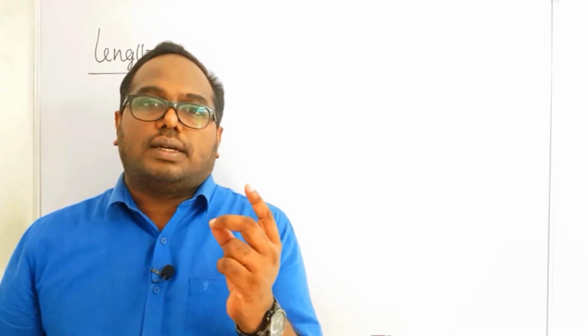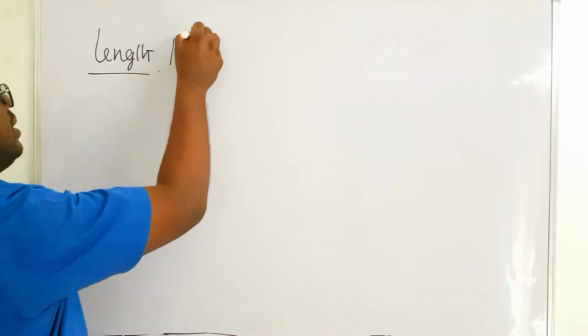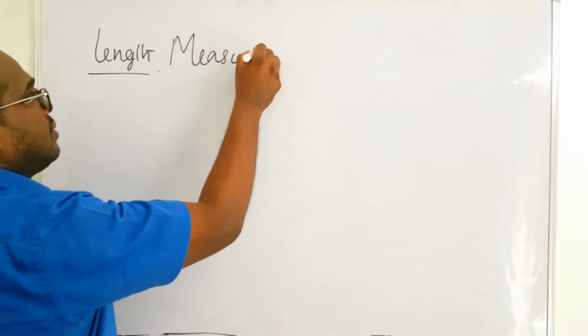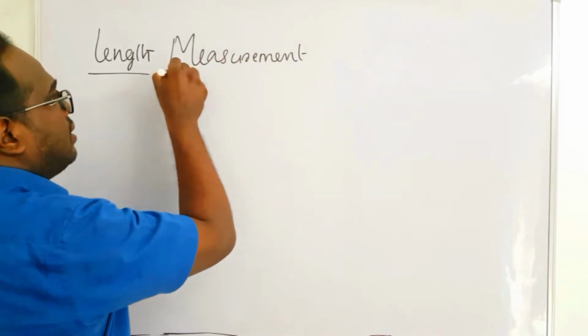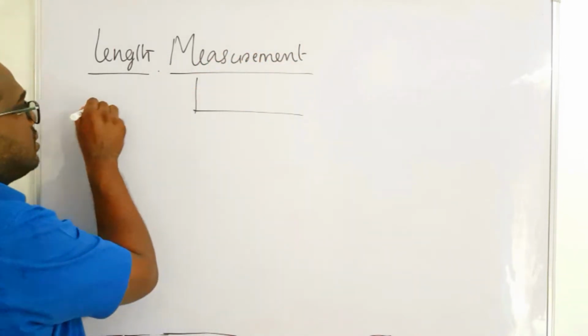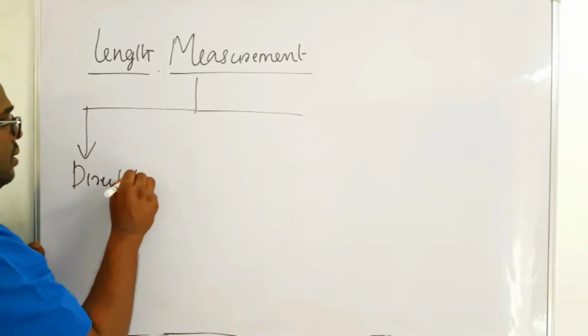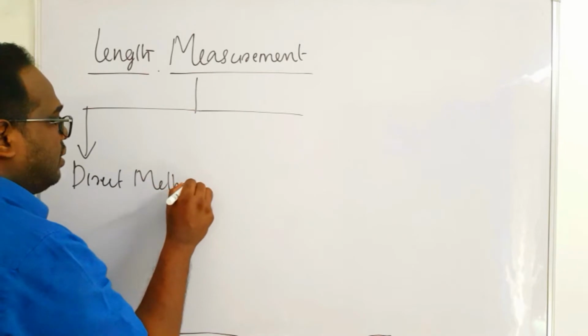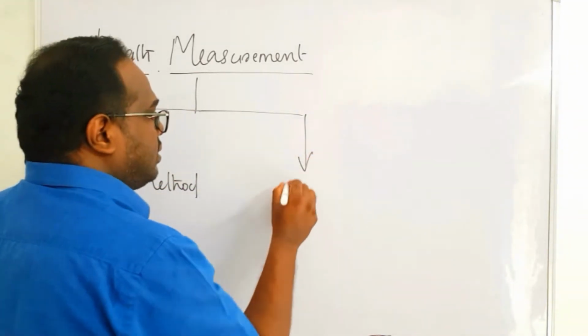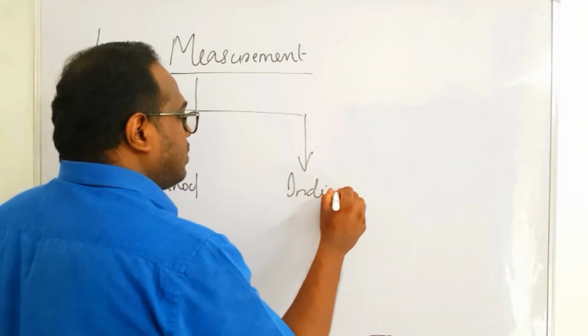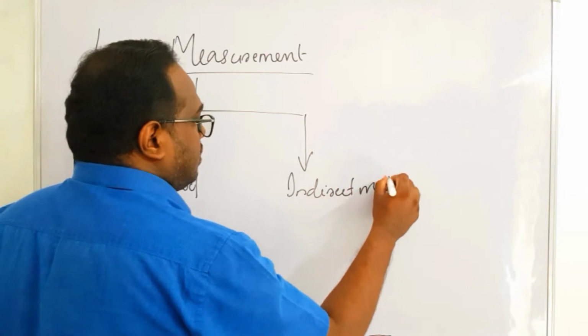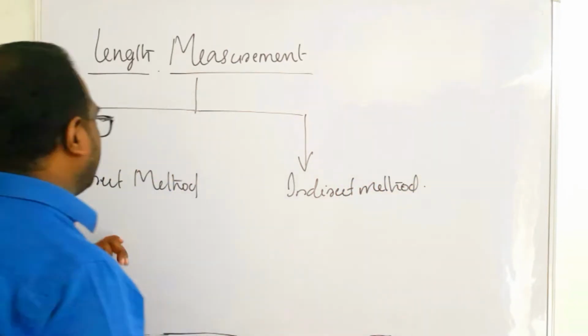So length can be measured in two ways. One is direct method and the other is indirect method. So length measurement can be done in two ways: direct method and indirect method.